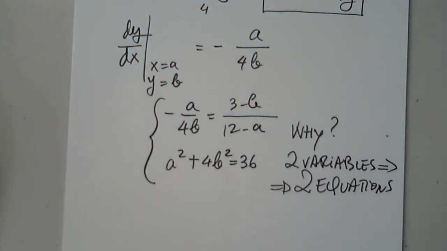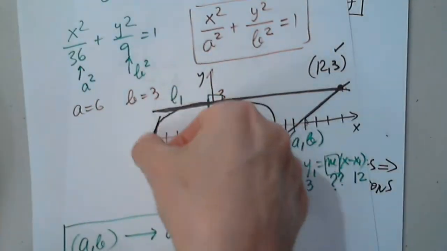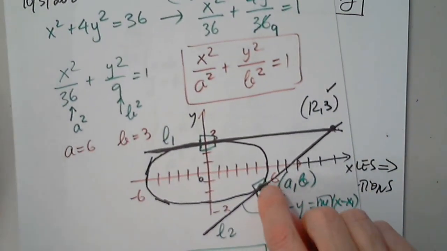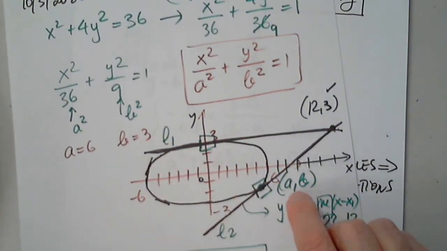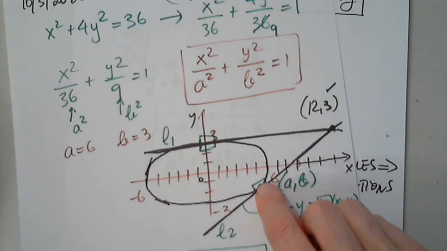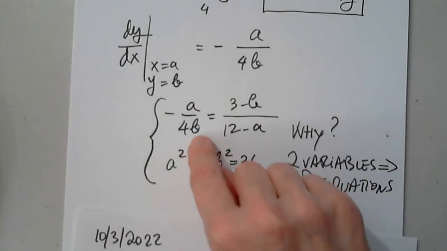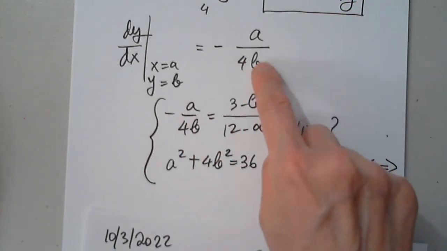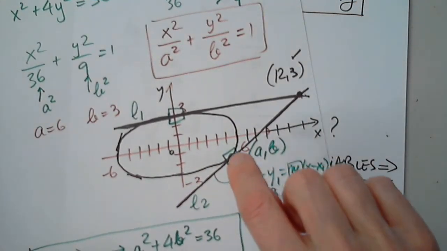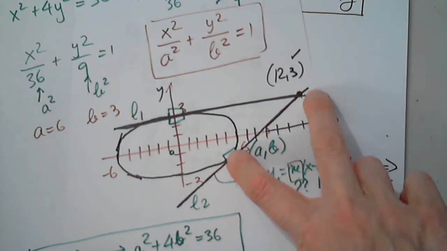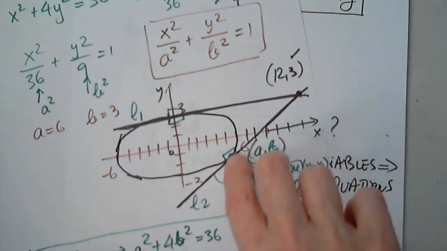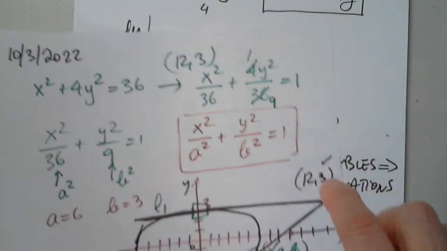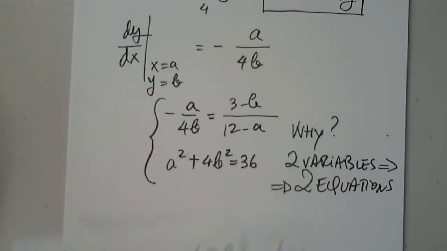One equation was coming from the fact that this point is on the ellipse. The second equation was coming from finding the derivative, plugging in this point in the derivative, x equals a, y equals b. I follow that. But also, these 2 points create this equation, and I can determine the slope of this line in a different way, y2 minus y1 over x2 minus x1.